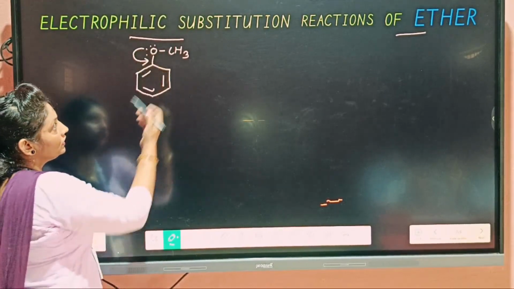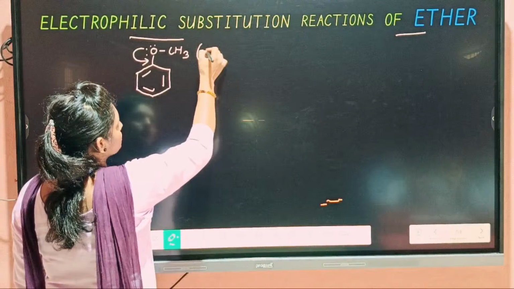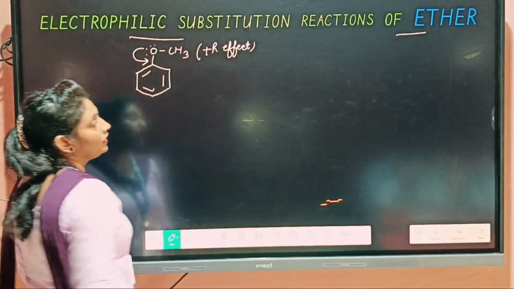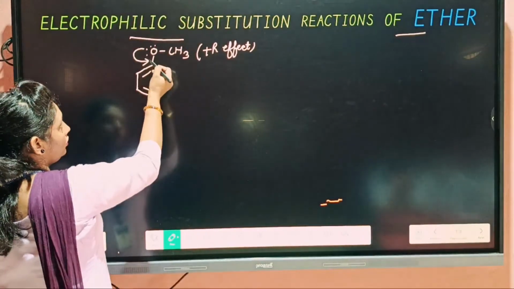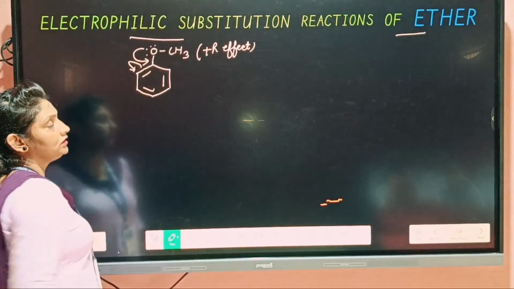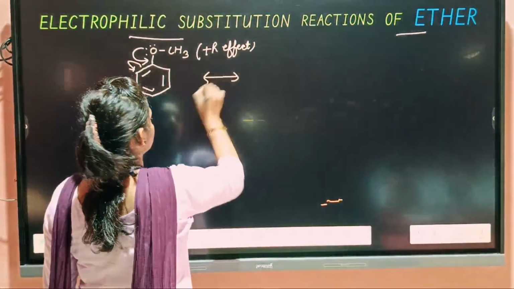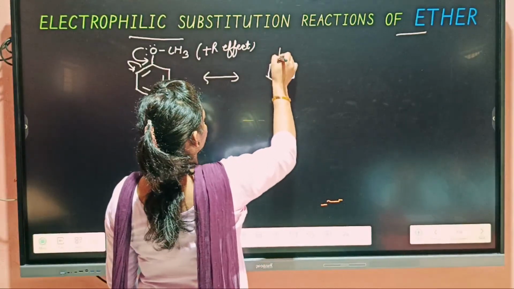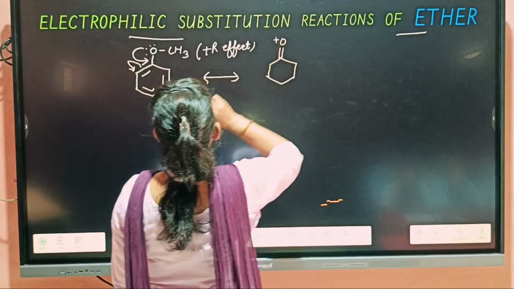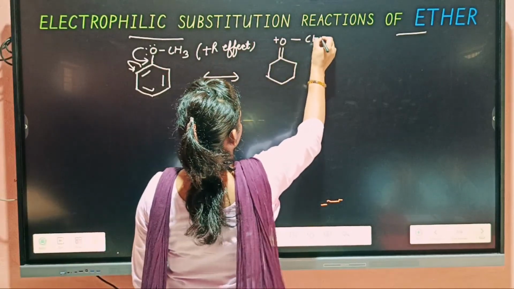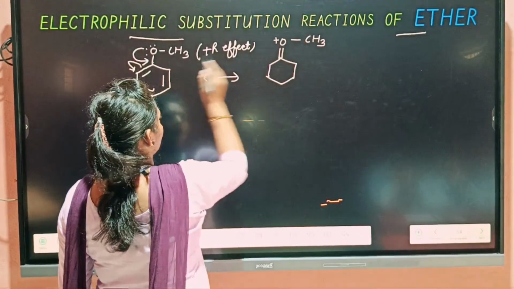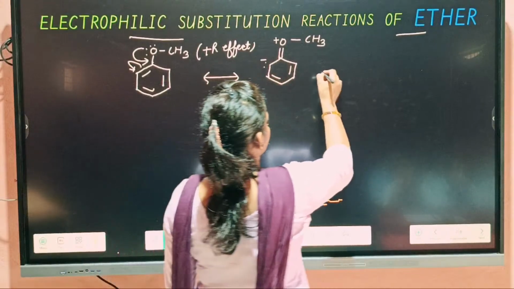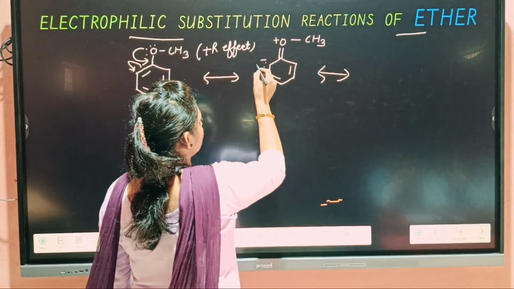This alkoxy group shows the plus R effect. Here it can give its electron to this bond, and this bond can transfer here. In this way, positive charge will come here and this electron transfers here. So in this way you can prepare the resonating structures.